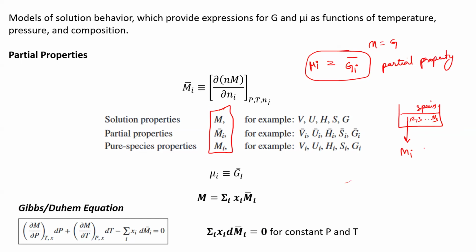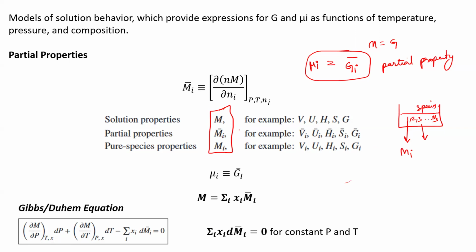and partial properties are defined as ∂(nM)/∂ni, where nM is for the whole system, at P, T, and nj.